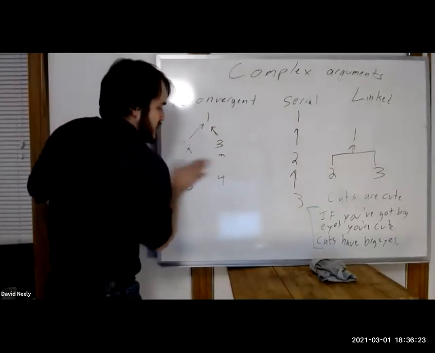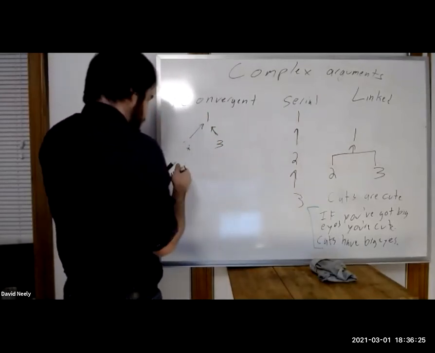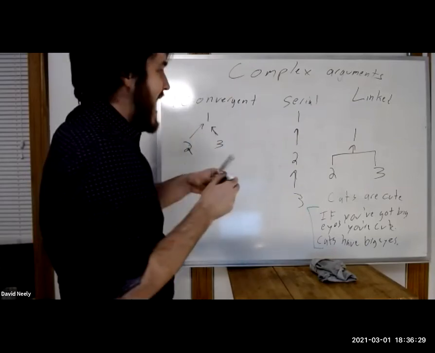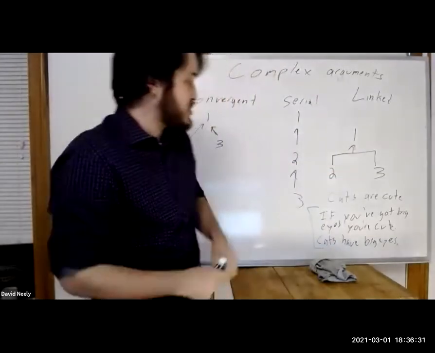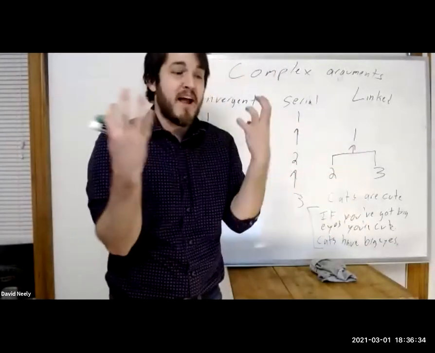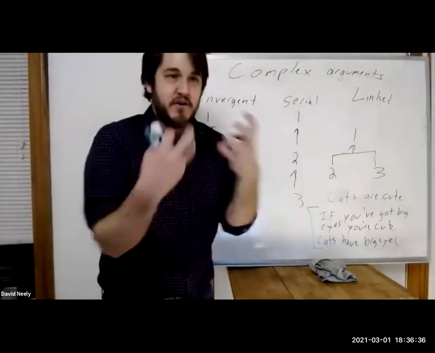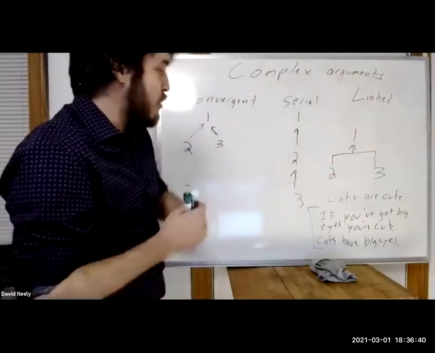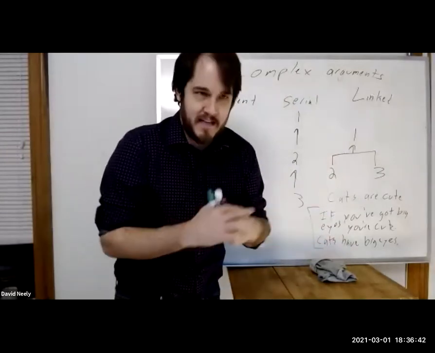Convergent premises are ones in which you have two independent reasons to believe something. And linked is a case in which you have two reasons that only together prove some other thing. They only work if you have them both at the same time.